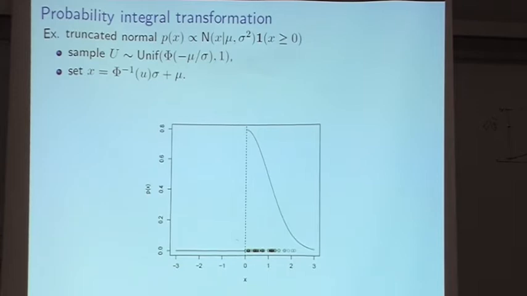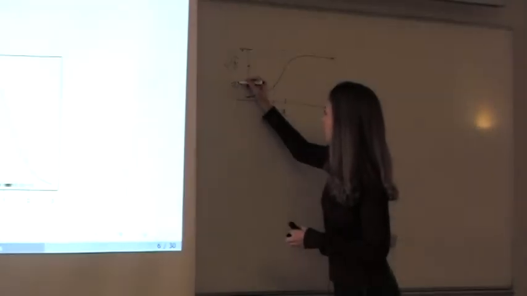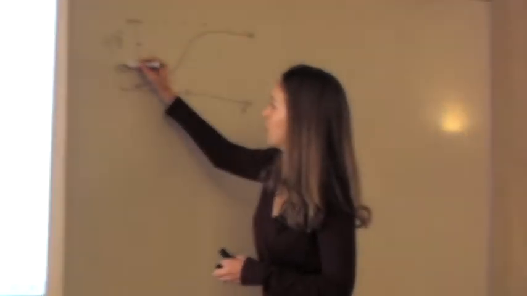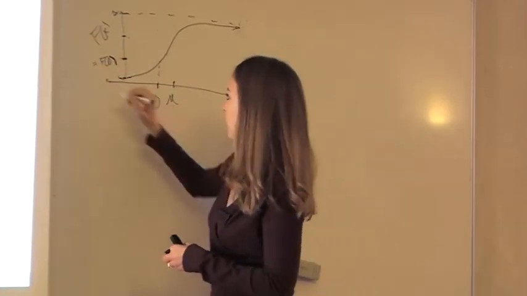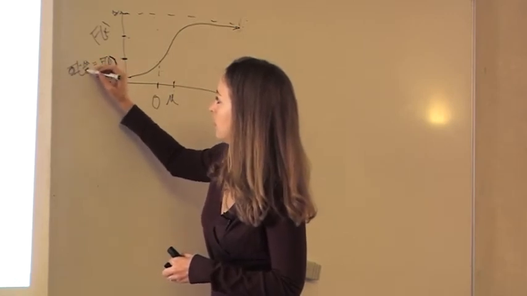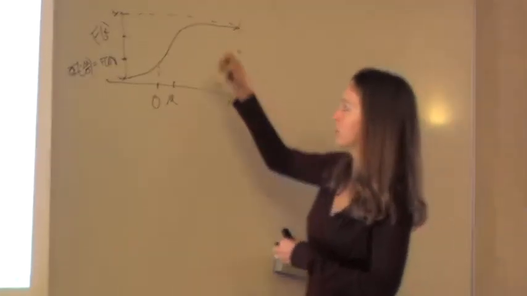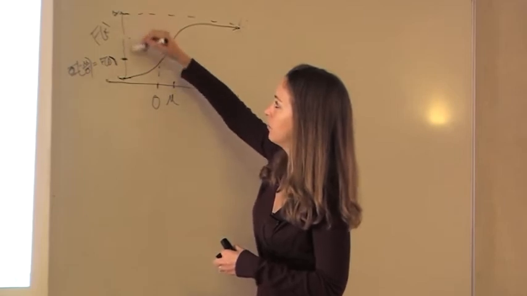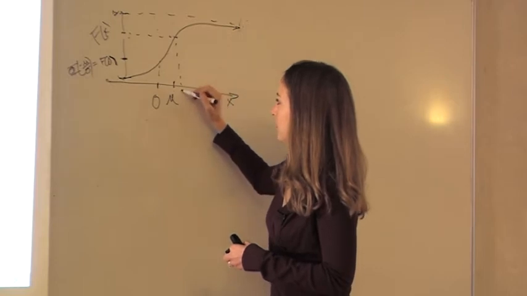We can sample from a truncated normal, say truncated at 0, by just sampling. So this is f of 0, which for a normal distribution with mean mu and variance sigma squared is just given by that. So we just sample a uniform random variable in this interval here, and then we can, again, take the inverse.